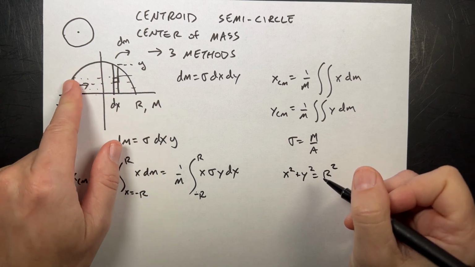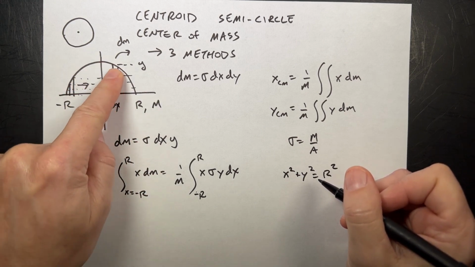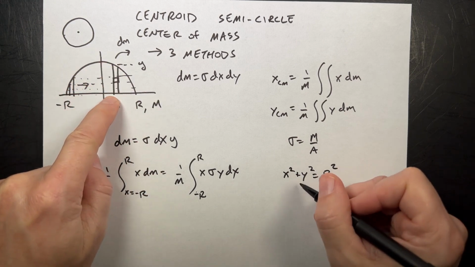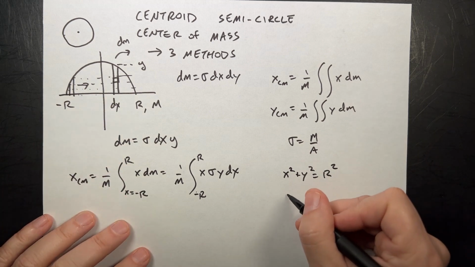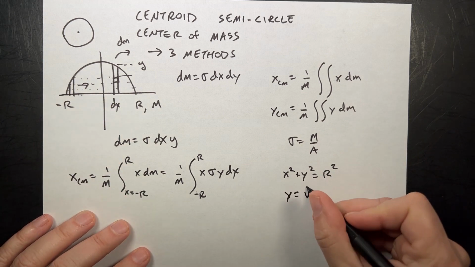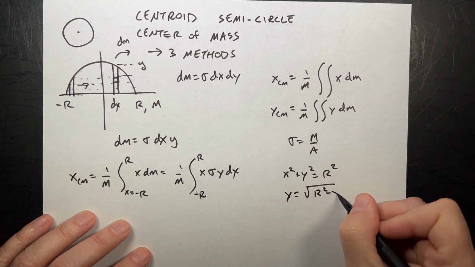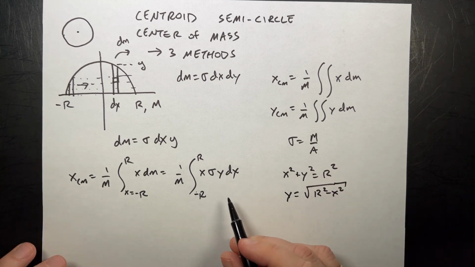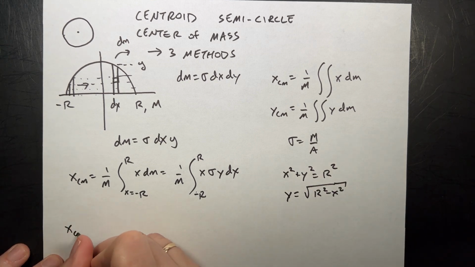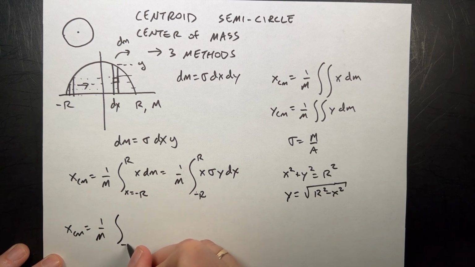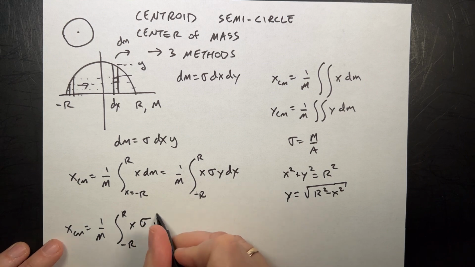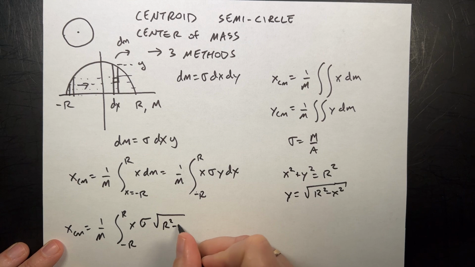That has to be true on that circle, right? So the y value depends on the x value based on this equation. I can say y is the square root of r squared minus x squared and put that in. So now I get x center of mass is 1 over the mass times the integral from x equals negative r to r of x sigma times the square root of r squared minus x squared dx.